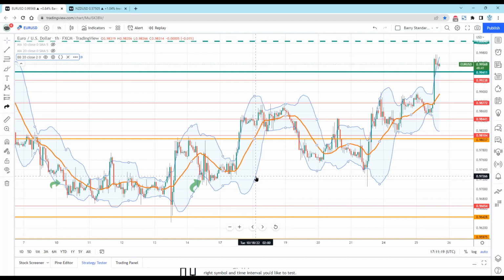So it's using a +2 and a -2. So the lines above and below are mathematical calculations of the moving average of that price using 2 standard deviations. And it creates this envelope around price.